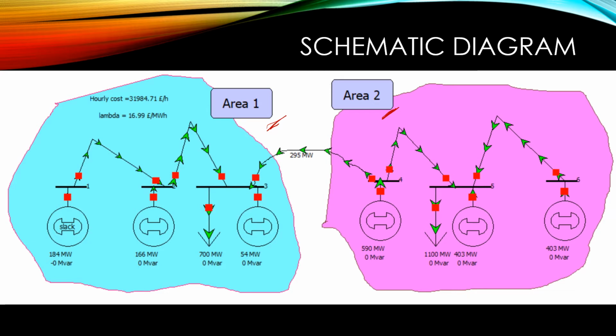Instead of making so many buses and transmission lines, we are using only 2 transmission lines, 1 load and 3 buses. Similar things we do for area 2 also, and we are connecting area 1 and 2 using only 1 transmission line instead of 3 transmission lines.